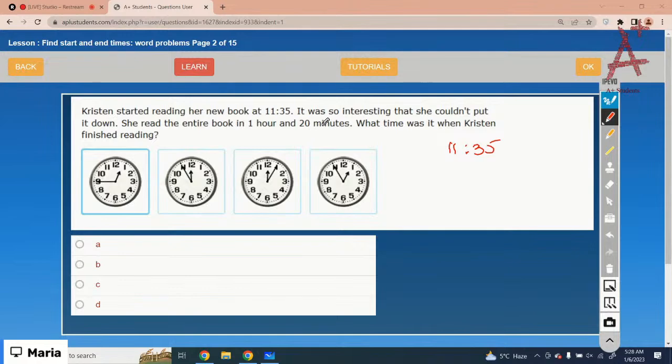So just add 1 hour 20 minutes to 11:35. Got it? So it is 11 and 1 is 12, and 35 minutes plus 20 minutes is 55. So it would be 12:55. Got it?